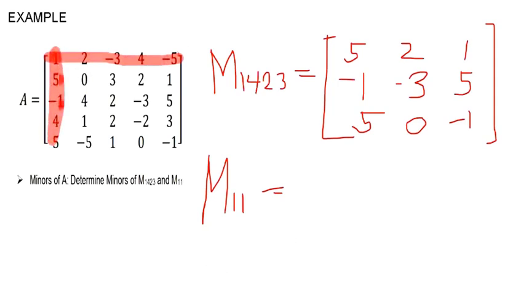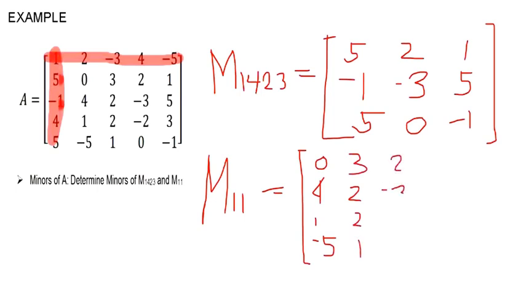So, yung magiging minors natin dyan is that will be equal to 0, 4, 1, negative 5, 3, 2, 2, 1, 2, negative 3, negative 2, 0, 1, 5, 3, and 1.